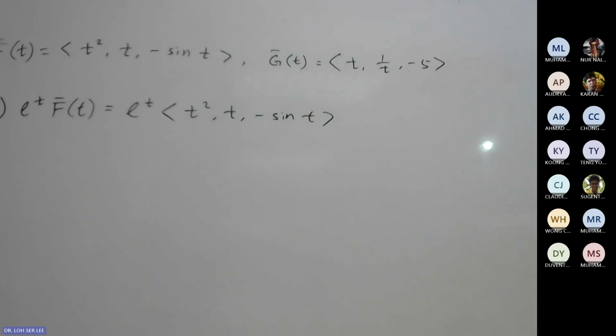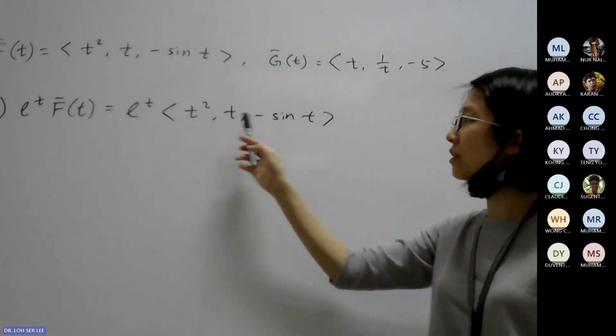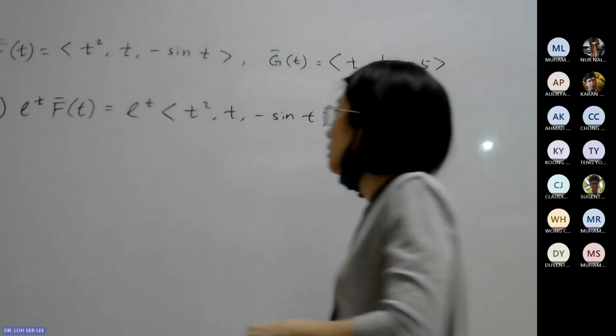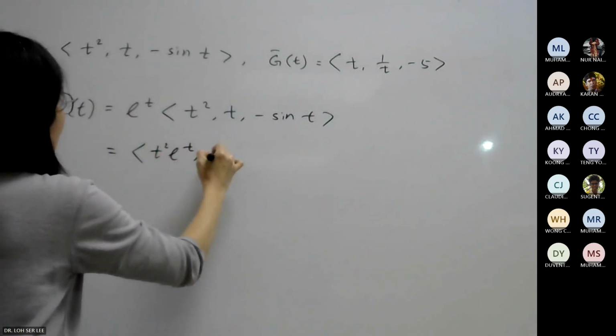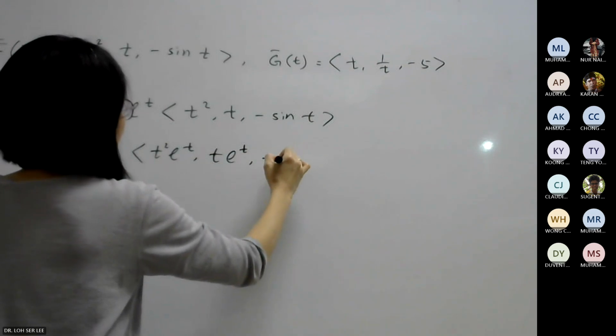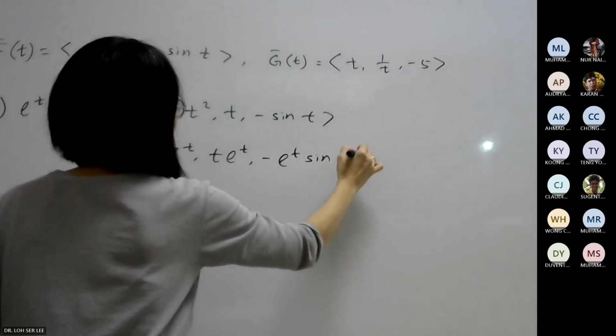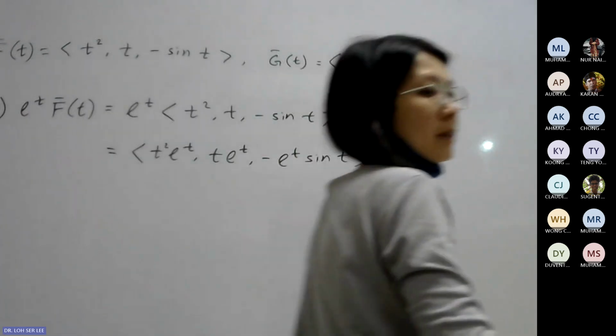So for e(t), you multiply it into every single component function. Then you get an answer.